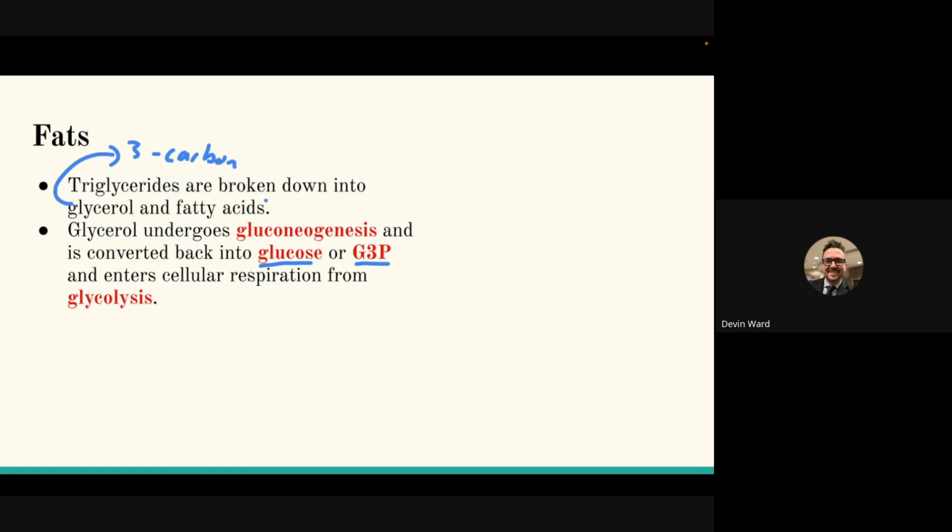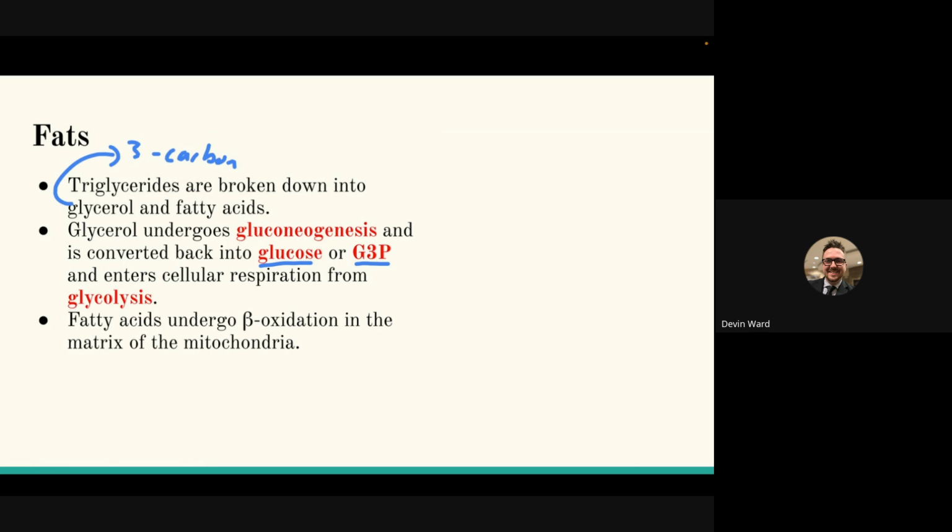That's why it's easy to make it into G3P, which is also a 3-carbon molecule, or into glucose, which is a 6-carbon molecule. We just need 2 of them. Then it enters respiration in glycolysis, either at step 1 if we have glucose, or coming in at step 5 with G3P. So we skip the energy investment phase. That's what happens to the glycerol.